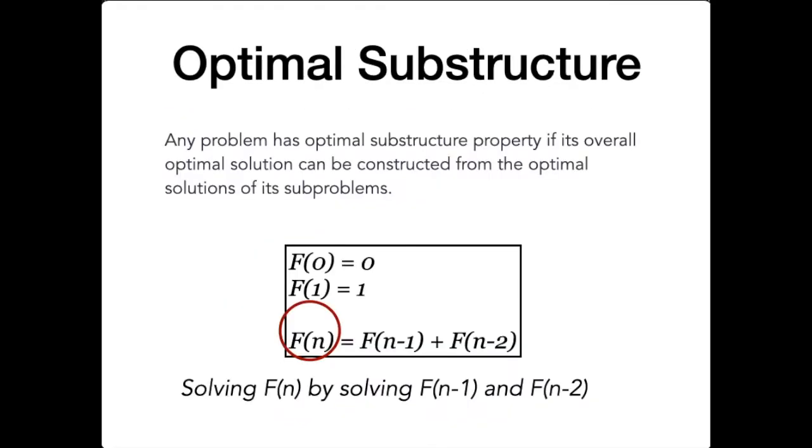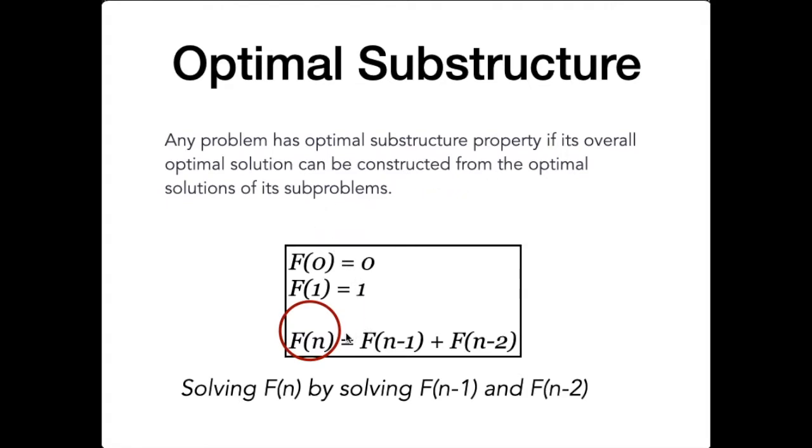The second characteristic of dynamic programming is optimal substructure property. So according to the definition, any problem has optimal substructure property if its overall optimal solution can be constructed from the optimal solutions of its subproblems.